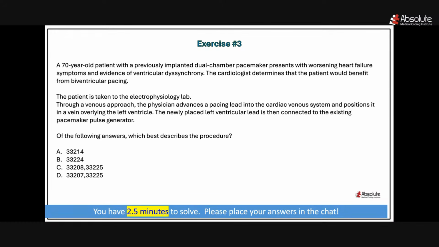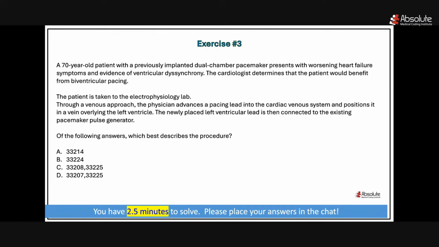A 70-year-old patient with previously implanted dual chamber pacemaker presents with worsening heart failure symptoms and evidence of ventricular dyssynchrony. The cardiologist determines that the patient would benefit from biventricular pacing. The patient is taken to an electrophysiology lab through a venous approach.